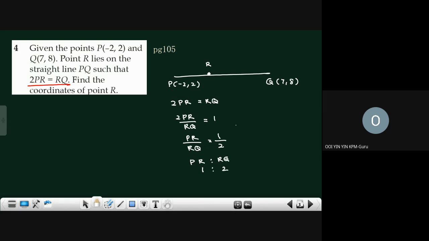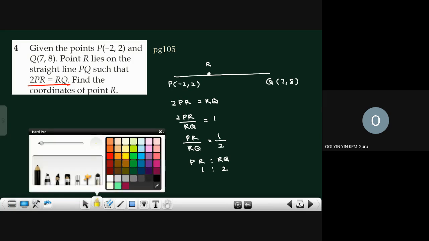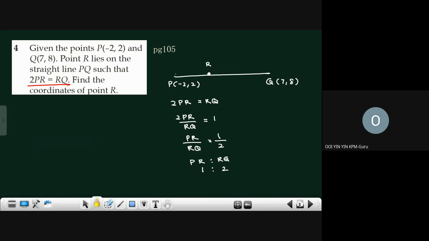This is how you change from the equation form to the ratio form, which you look familiar with. Now we can put in our ratio: PR is 1, and then RQ is 2. So your m and n are here.